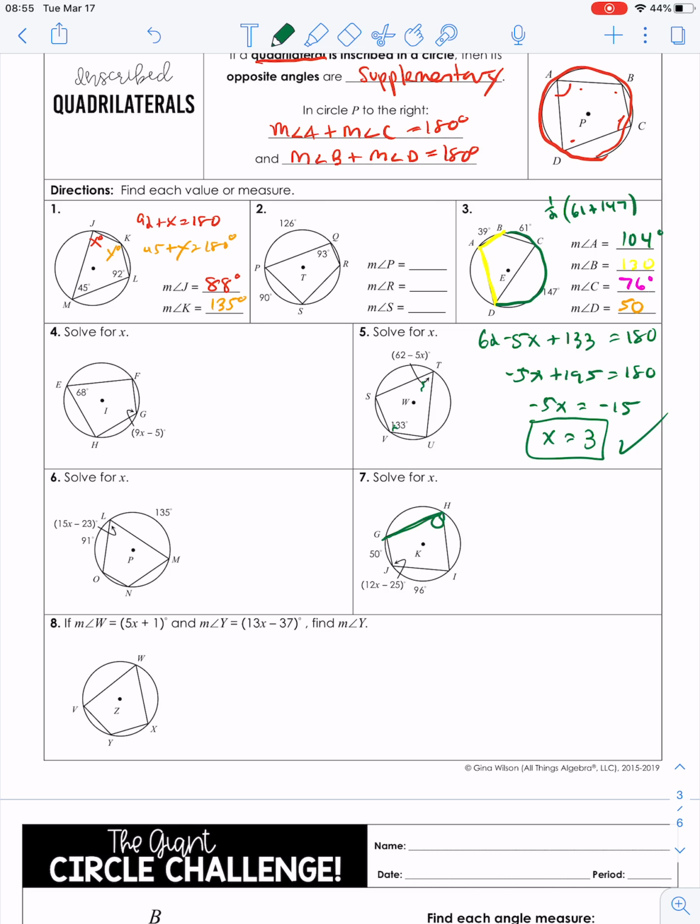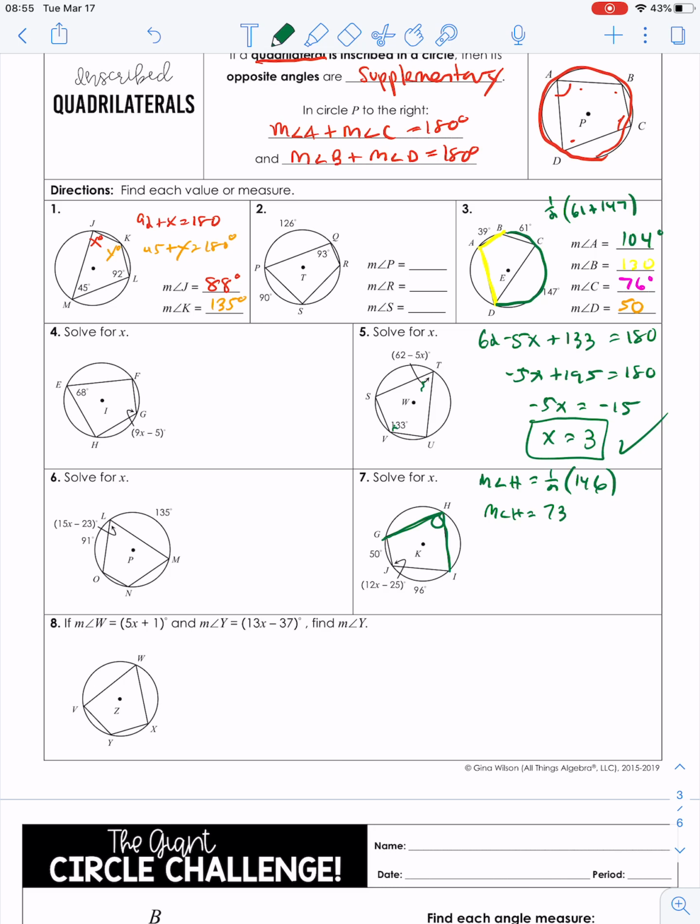H is an inscribed angle, and its arc is 50 and 96, so 146. So the measure of angle h equals half of 146, because that's 50 plus 96. That's the measure of the arc GI. So what is the measure of h? Half of 146, which is 73.